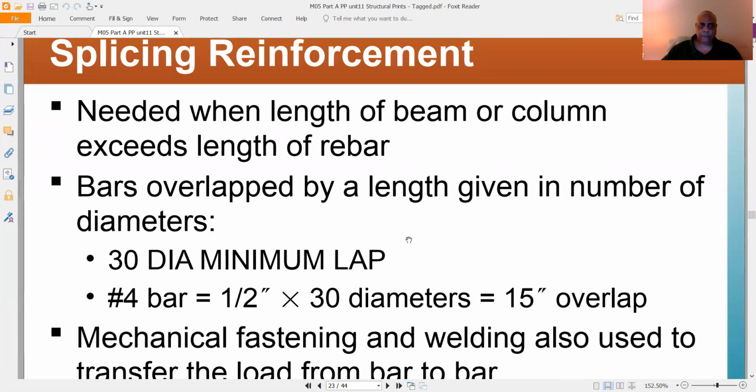Now, again, when it comes to construction, you're going to have to do some cutting and splicing. When you splice reinforcement, you have to understand it's always going to be needed when the length of a beam or column exceeds the length of the rebar. Bars are overlapped by a length given in a number of diameters, like a 30 diameter minimum lap.